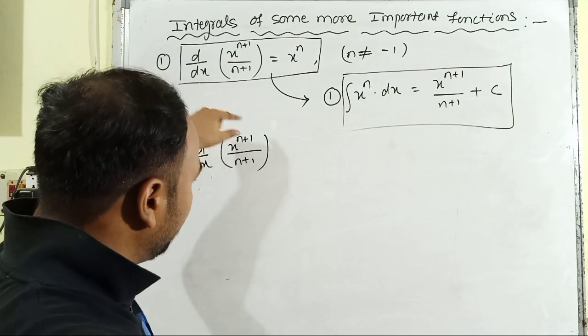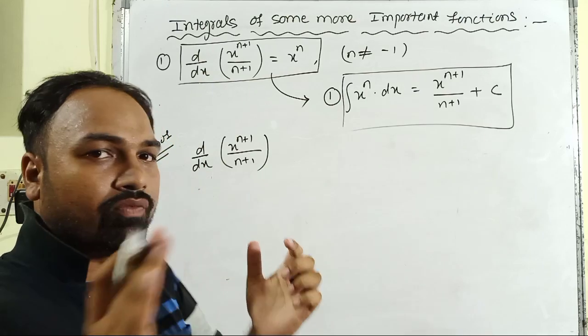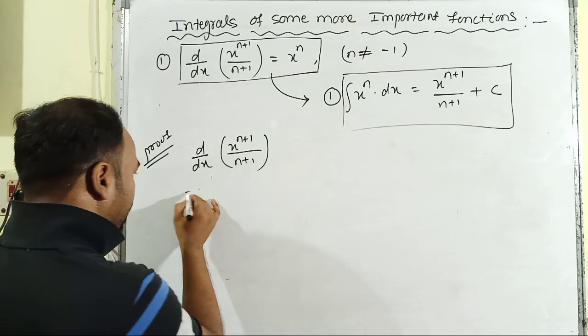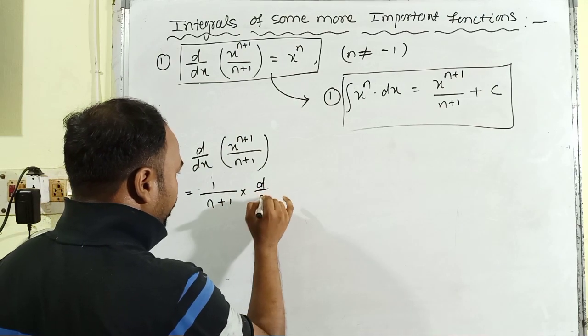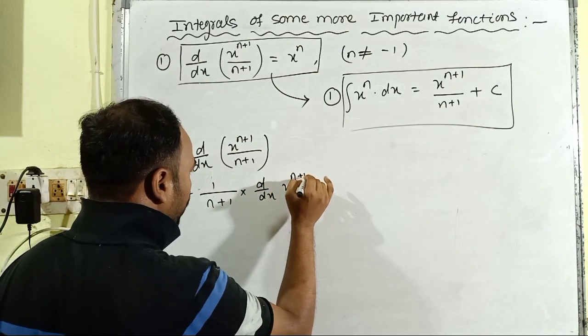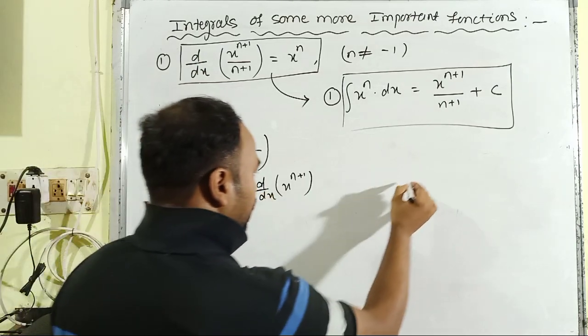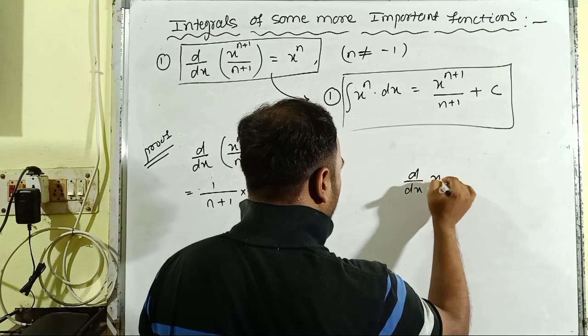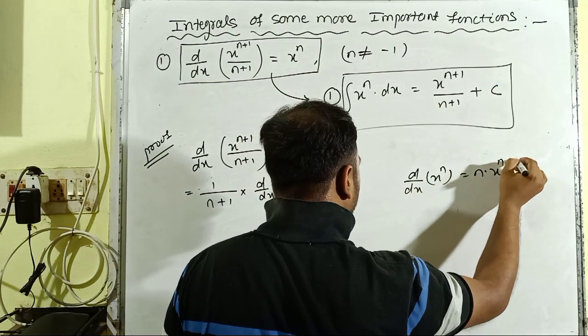So shifting this 1 upon n plus 1 outside of the differentiation, we have 1 upon n plus 1 multiplied with the differentiation of x to the power n plus 1. But we know that the differentiation of x to the power n is equal to n multiplied with x to the power n minus 1.